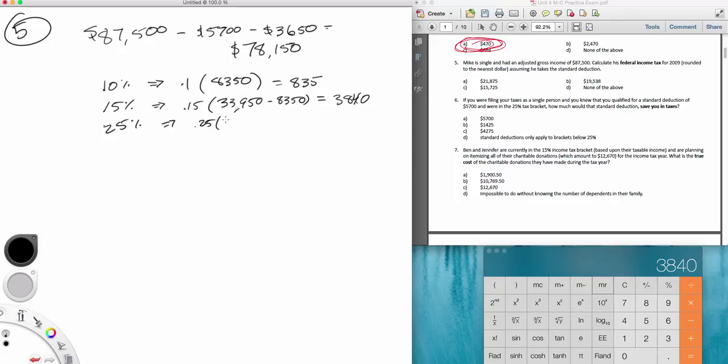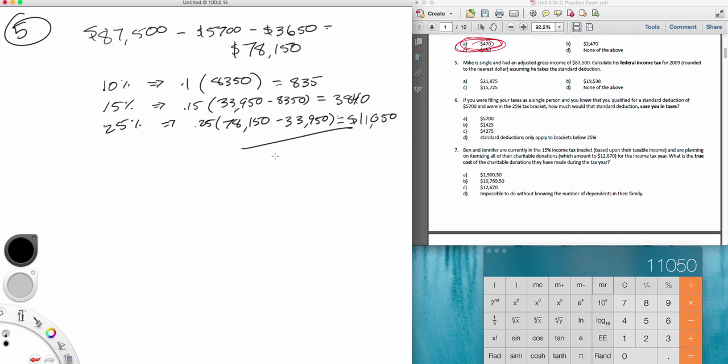And on this one, we'll just notice that the bracket goes above that, so we're just going to take the total income, subtract from it the $33,950, 78,150 minus 33,950, multiply that by 0.25, and the taxable is $11,050.